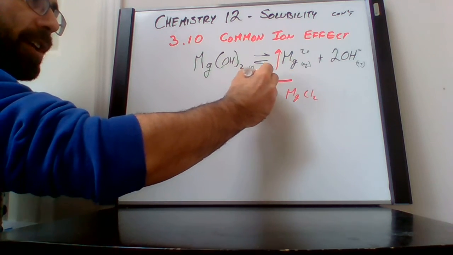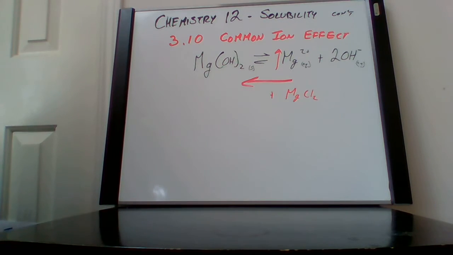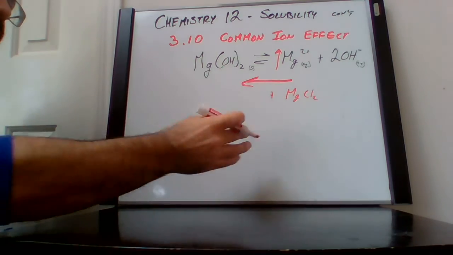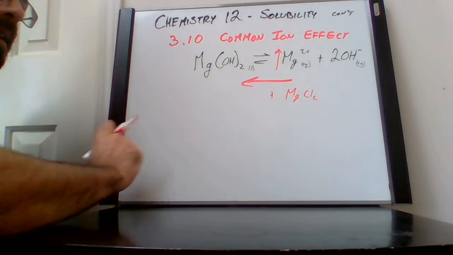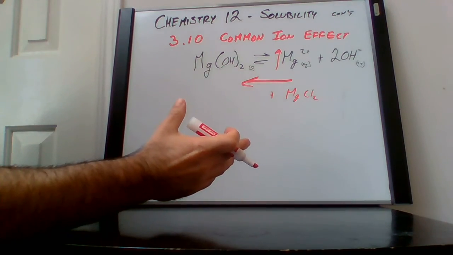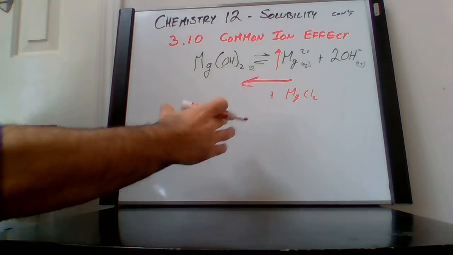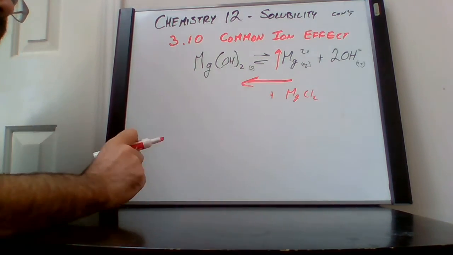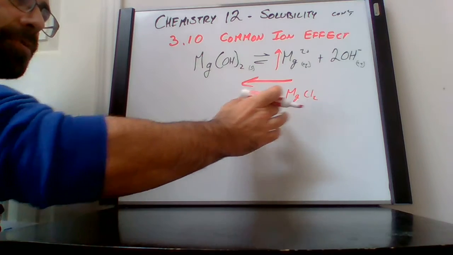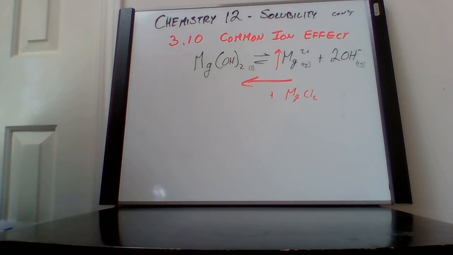I'm going to see a shift in this direction. By adding that magnesium chloride, I'm adding magnesium ions into solution, and that is going to result in a lower solubility of the magnesium hydroxide.